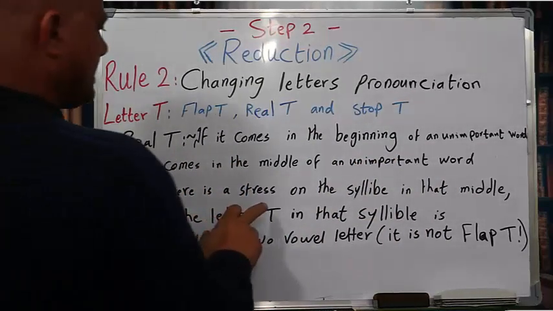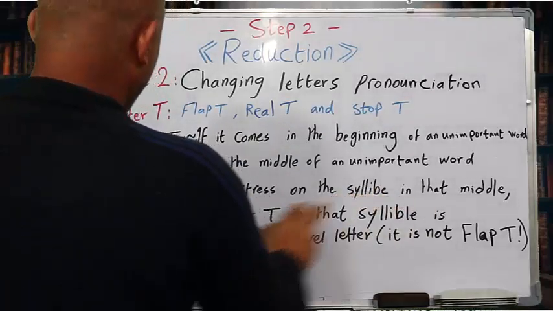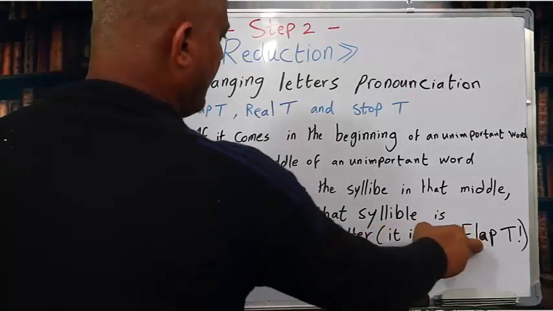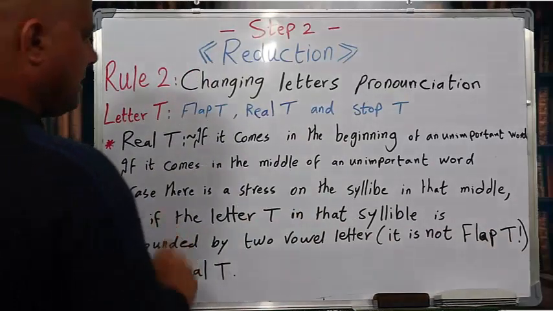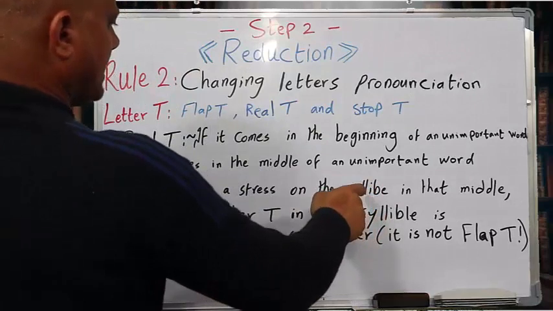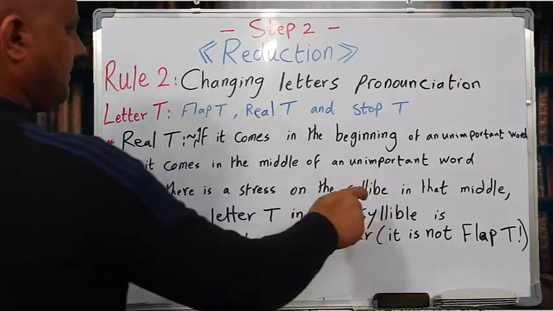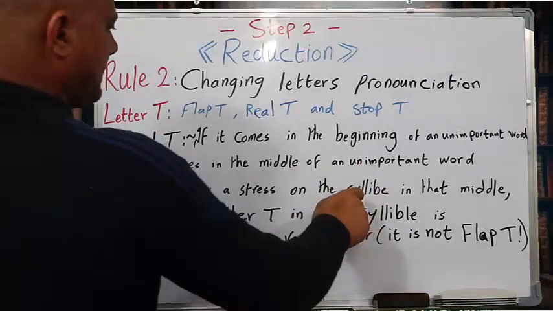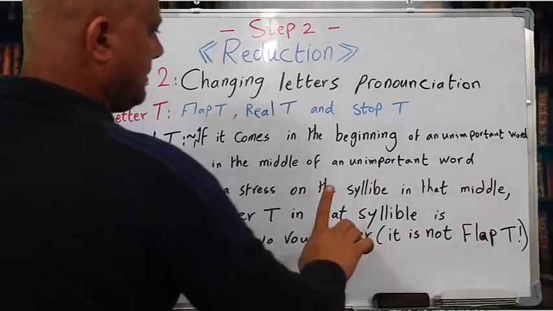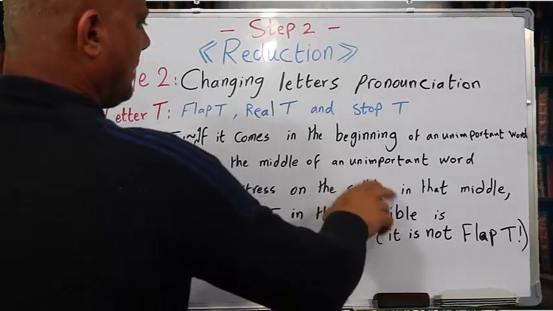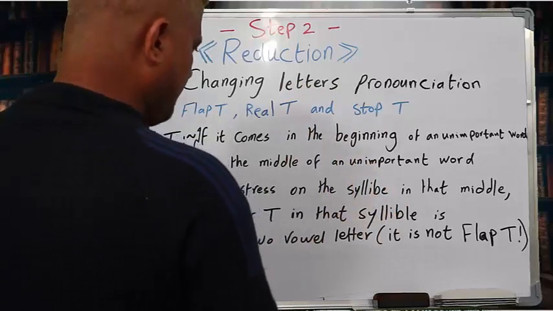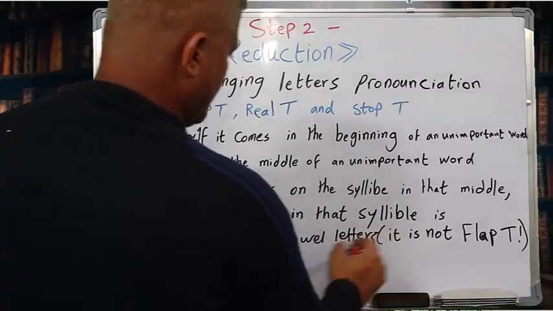Even if the letter T in that syllable is surrounded by two vowel letters, it is not flap T, it is real T, because this syllable normally has stress on it. So the T in this syllable will become real T, not flap T, even if it is surrounded by two vowel letters or two diphthongs. Okay? Hopefully it is clear.